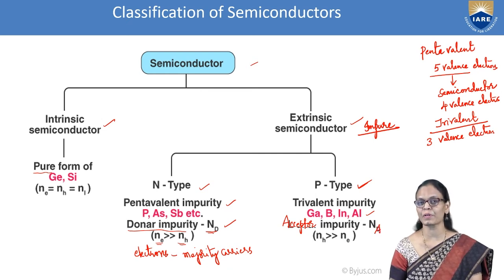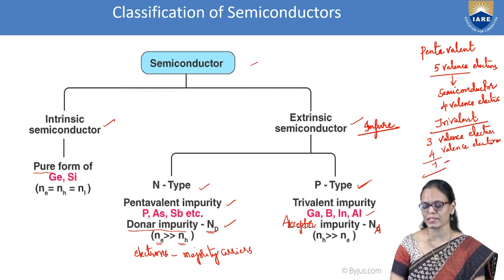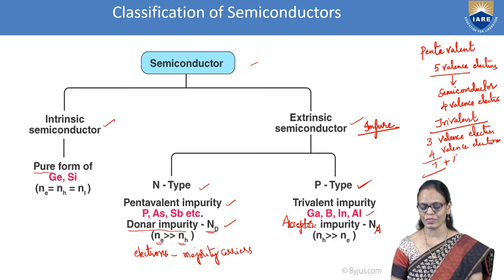Why is it an acceptor impurity? Trivalent means 3 valence electrons. It is added to a semiconductor which has 4 valence electrons. So 3 plus 4 is 7. It is always ready to accept 1 electron. So we call it an acceptor impurity and its concentration is denoted by Na.